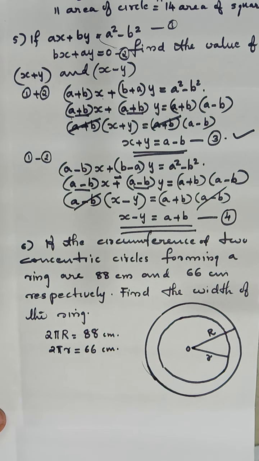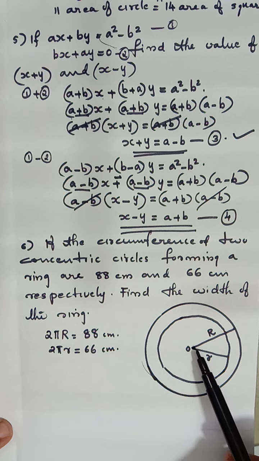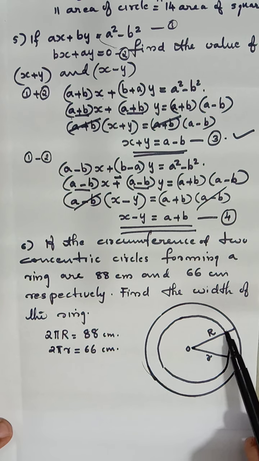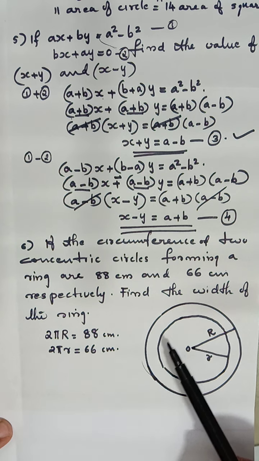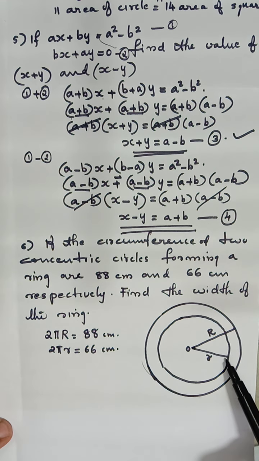From this we have to find the width of the ring. What is meant by the width of the ring? It is the difference of both the radii. The first radius is capital R, longer. For the inner circle, the radius is smaller. If this is 5 centimeter and this is 3 centimeter, the difference is the bigger one minus the smaller one.